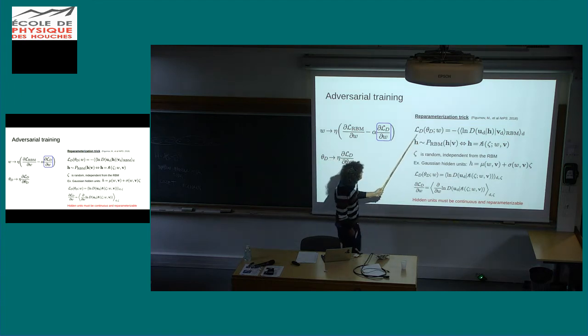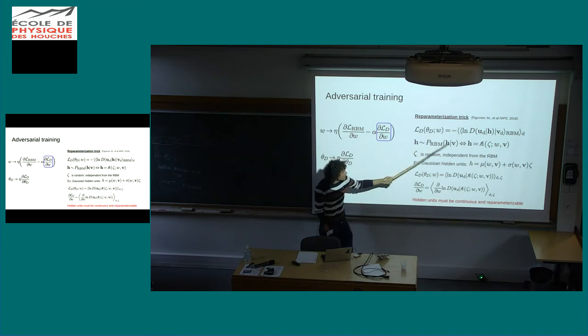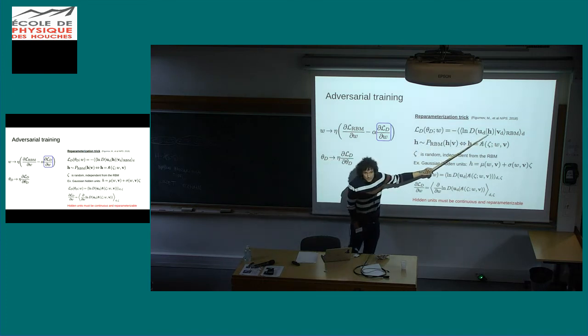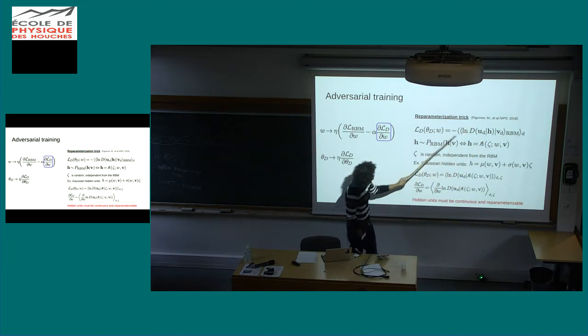To see this, if we look at the classifier objective, it will depend on parameters related to the weights of the classifier, and it will depend on the weights of the RBM because it is looking at the hidden layer of the RBM. So this is essentially the objective function that we have to optimize for the classifier.